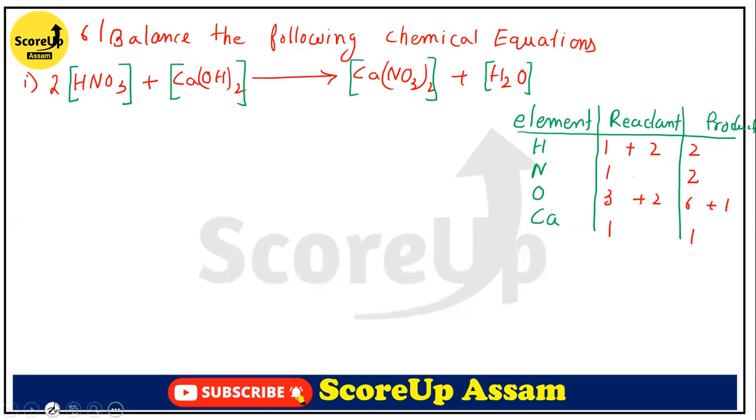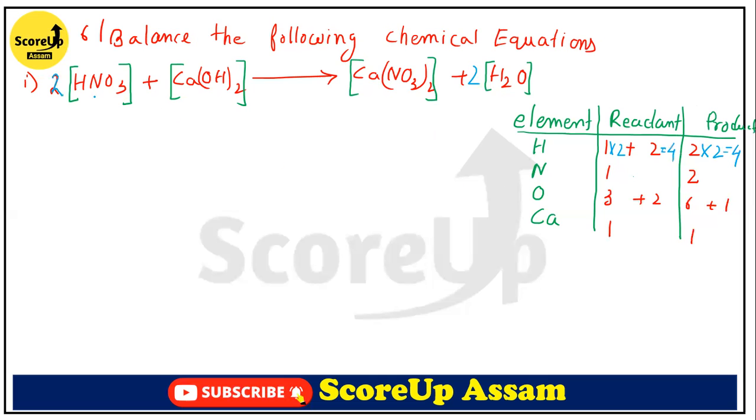Now total number of hydrogen, 2 hydrogen plus 2 hydrogen, 4. Inside there is 2 hydrogen. On the product side there is only 2 hydrogen. Now if we multiply this 2 hydrogen with 2, then total number of hydrogen will be 4. Now hydrogen is balanced, 4 on both sides.